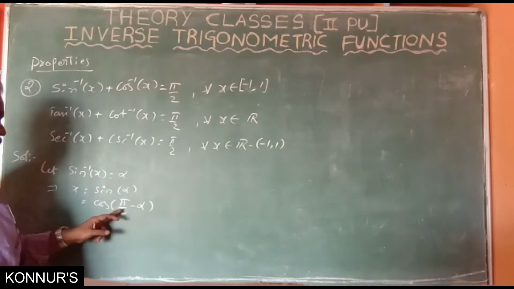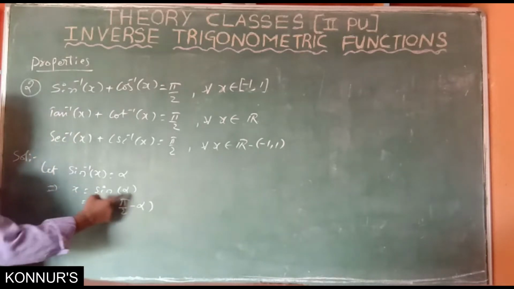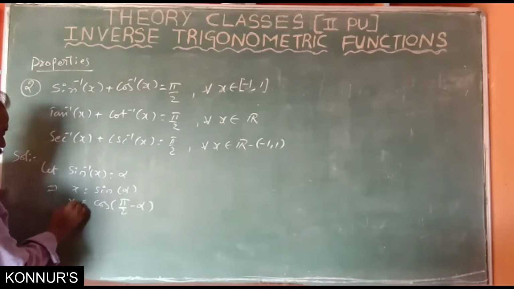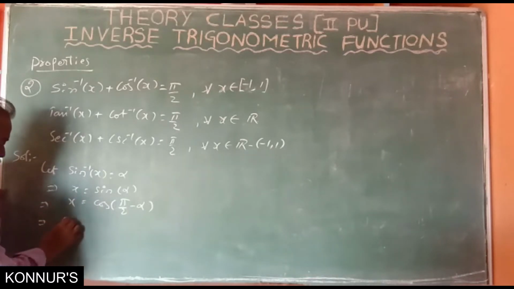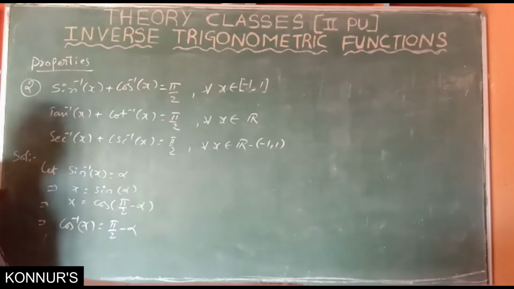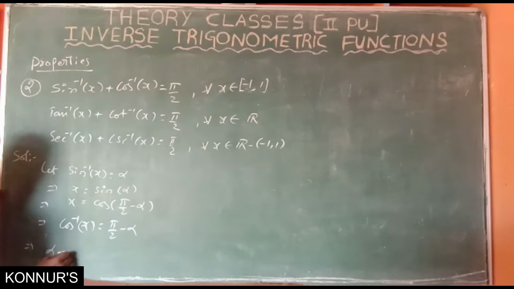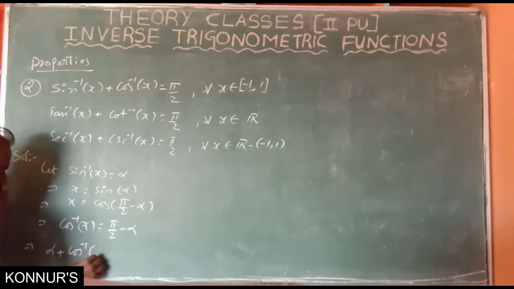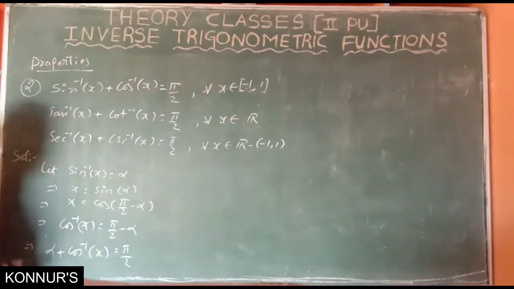In the first quadrant, cos becomes sin. So cos of 90 minus alpha is sin alpha. This is x. Now by definition we send cos to the other side: cos inverse x is equal to pi by 2 minus alpha. Now send this alpha to the side: minus alpha comes to the side as plus alpha. Cos inverse x plus alpha is equal to pi by 2.